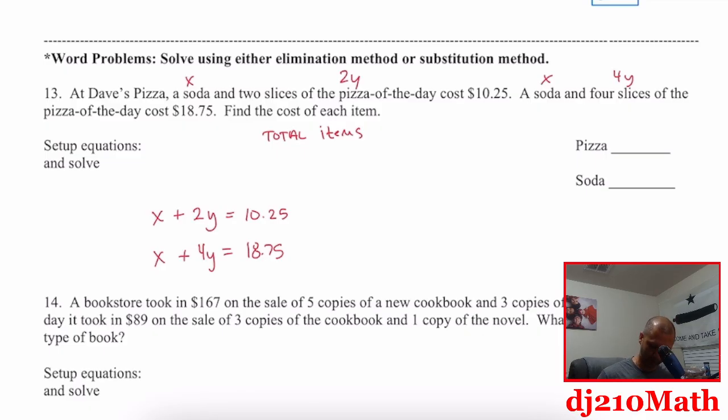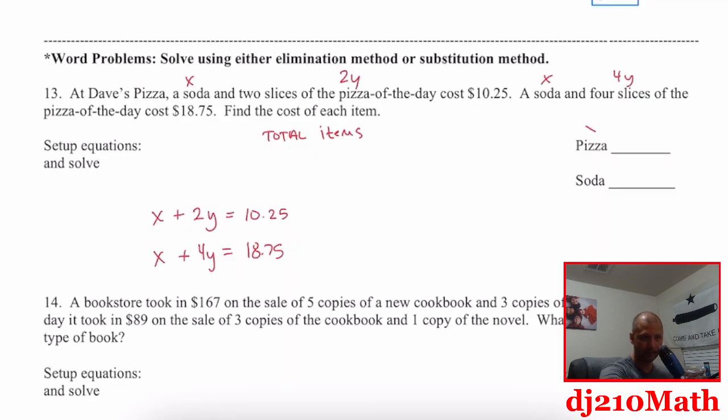So if we want to solve for pizza, actually pizza is y, and then soda is x. We can use the elimination method by multiplying everything by a negative and then adding. So x cancels.